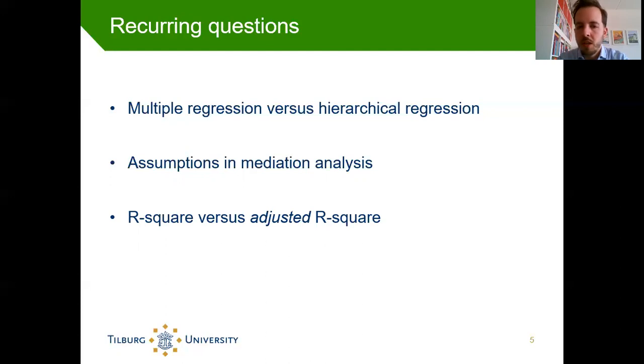So it's typically a bit lower than the R square value itself. If you report this, you're a bit more conservative. You say the fit of my model is a bit lower than when you would report the R square value, but typically those values are very close. In principle, it doesn't matter much as long as you just mention whether you report the R square value itself or an adjusted version of it.